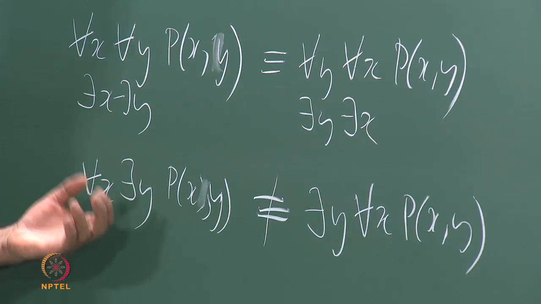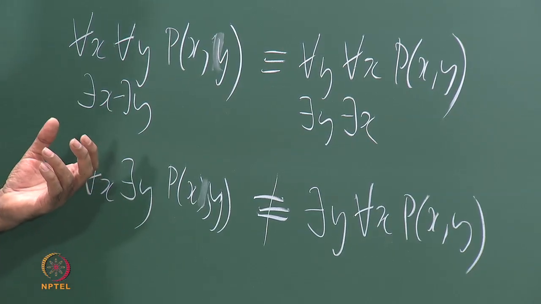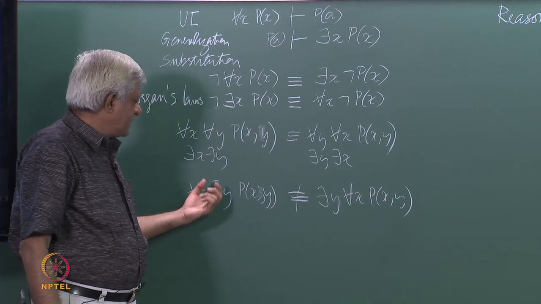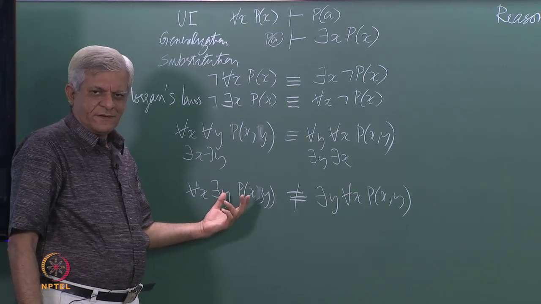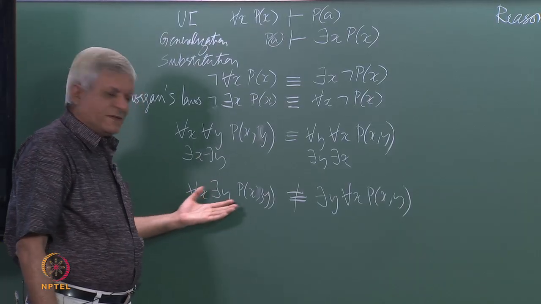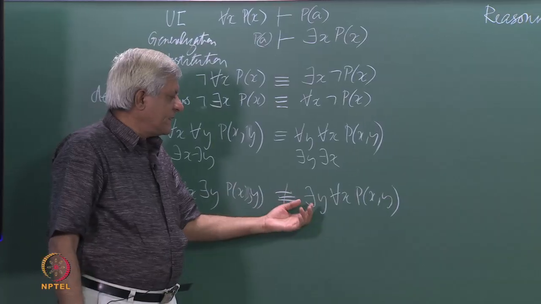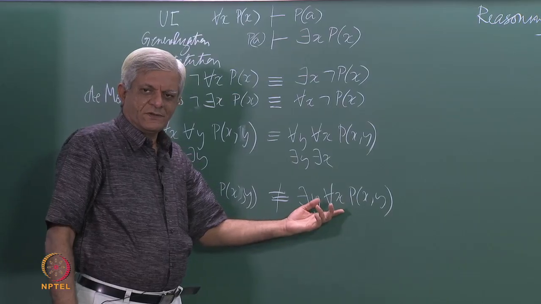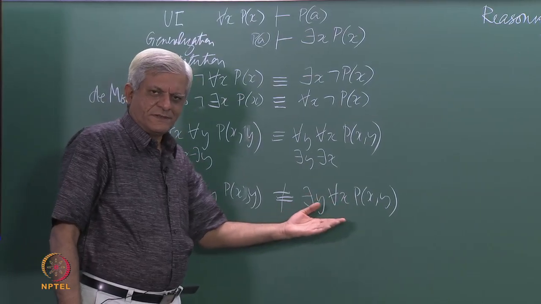So, for example, for every number x, there exists a number y which is bigger than x. So, if P stands for greater than, then this statement is true, whereas the other statement says that there exists a y which is greater than every number, which is obviously not true essentially.